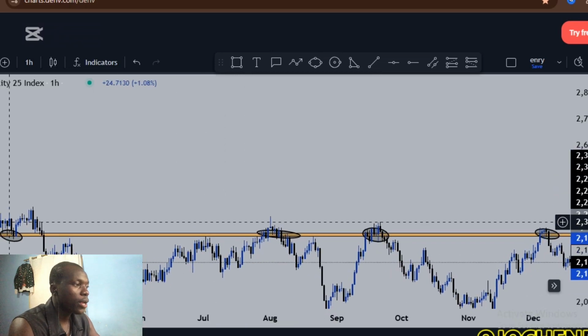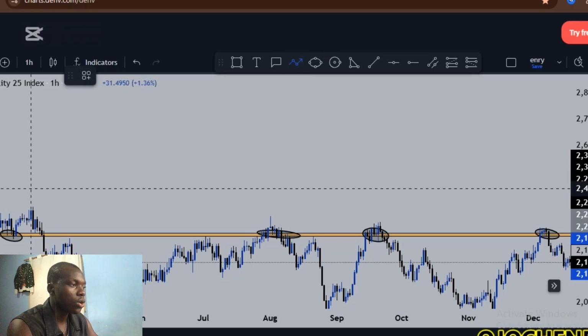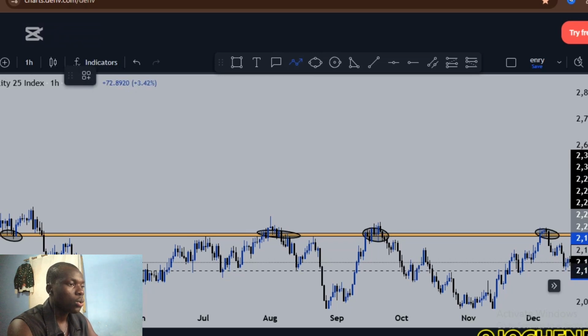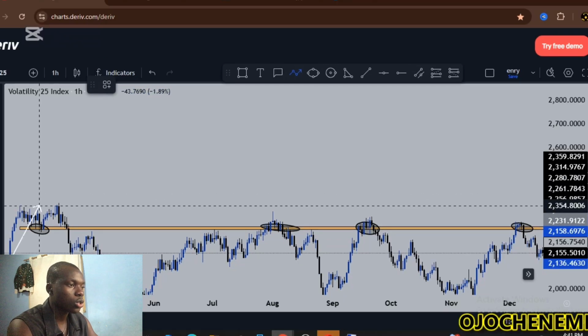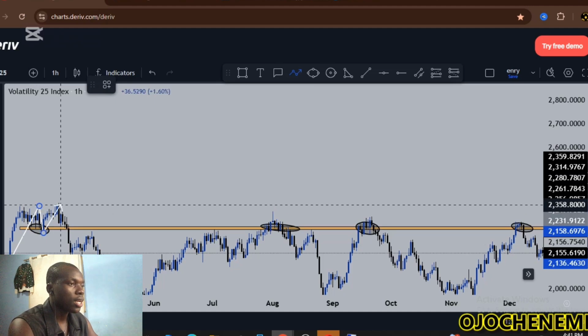So here you can see that whenever the market comes to this zone, it is a strong support and resistance zone, which is part of my area of interest. So I'm going to take the part 2.